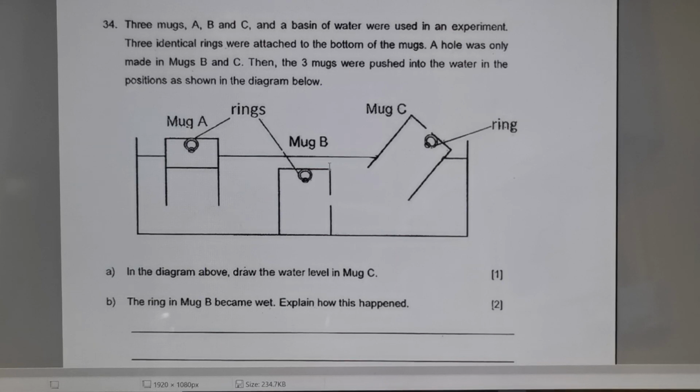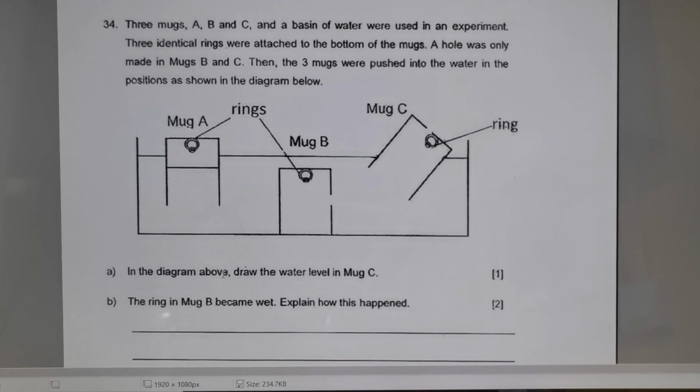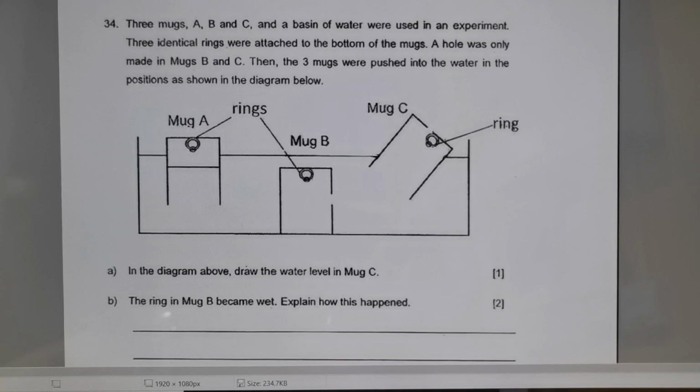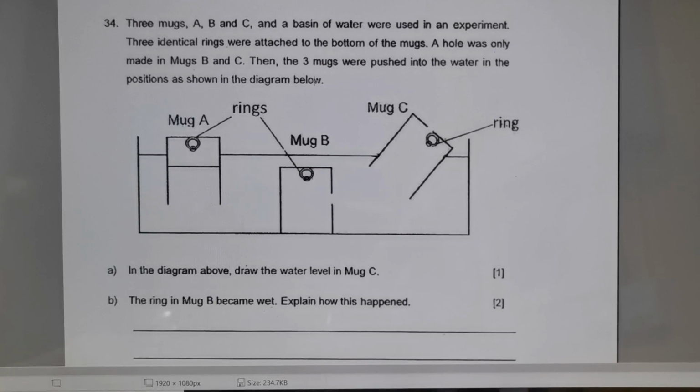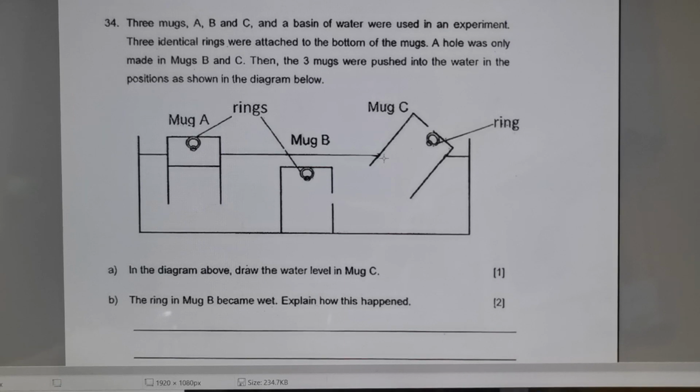So let's go to this question, part A, the simpler one first. In the diagram above, draw the water level in mark C. Now, if I have to draw the water level in mark C, wonderful. I can use this to show you how it is being drawn, okay? So, remember, always use pencil for all drawings.